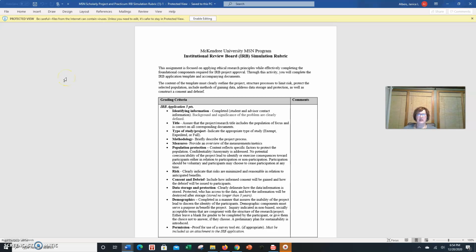For the purpose of your scholarly project, typically institutional review board applications are not necessary because of the new legislation in the common rule.